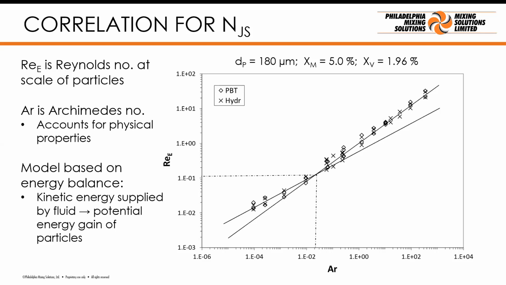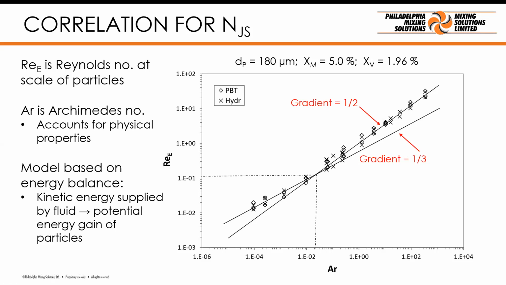So the model that we developed says that for large Archimedes numbers, the gradient should be 1/2. And for smaller Archimedes numbers, the gradient should be 1/3. This is for one set of data, one particle size and one concentration. It's sand in water.